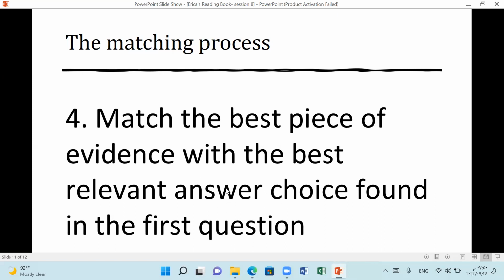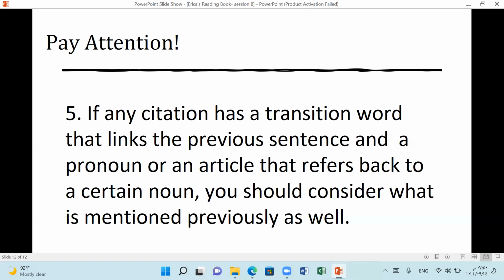And the last thing that you need to pay attention to is what I did with you, but I didn't read this fifth step. If any citation has a transition word that links the previous sentence, or a pronoun or an article that refers back to a certain noun, you should consider what is mentioned previously as well.